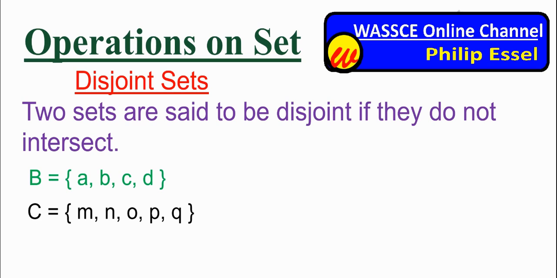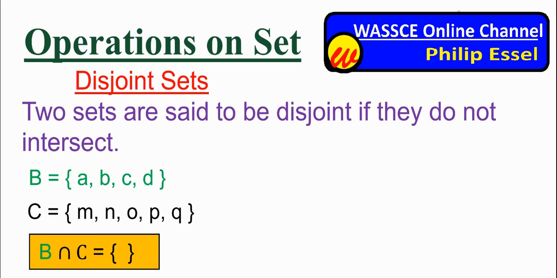So we represent it with the null set. So our B intersection C is equal to a null set or an empty set.